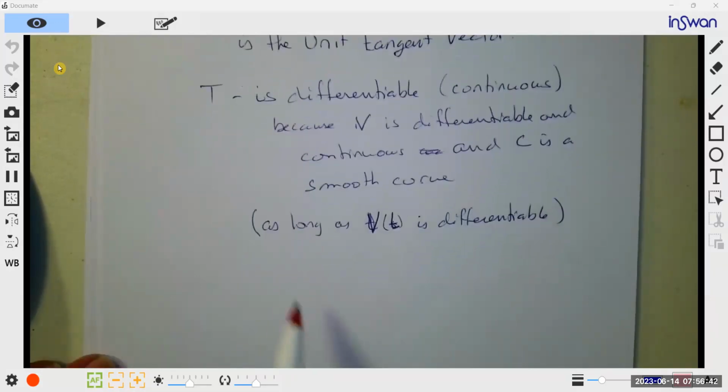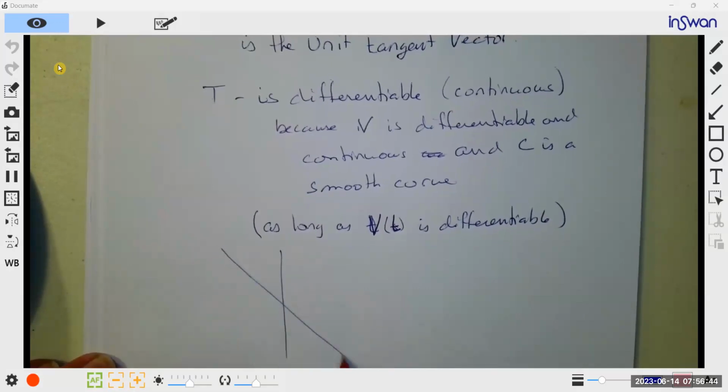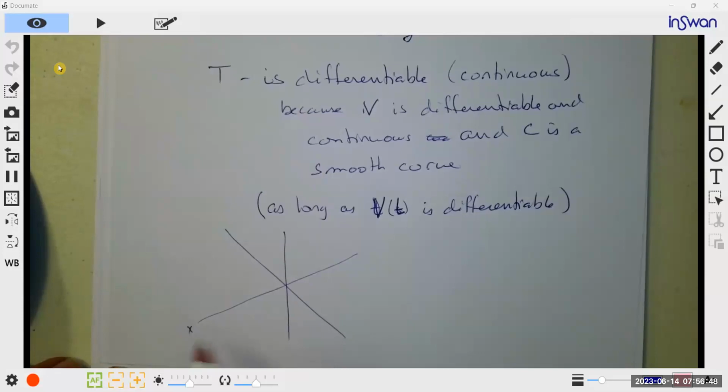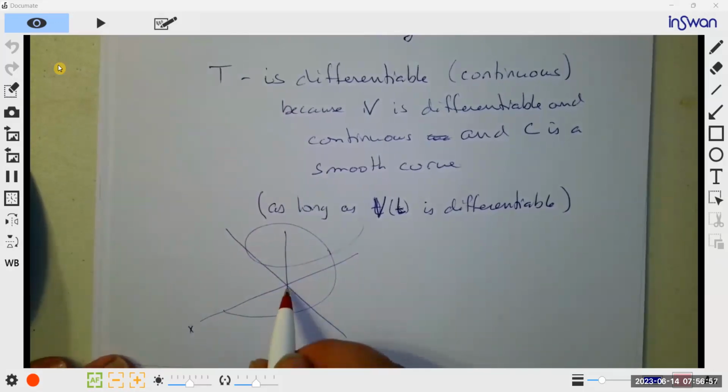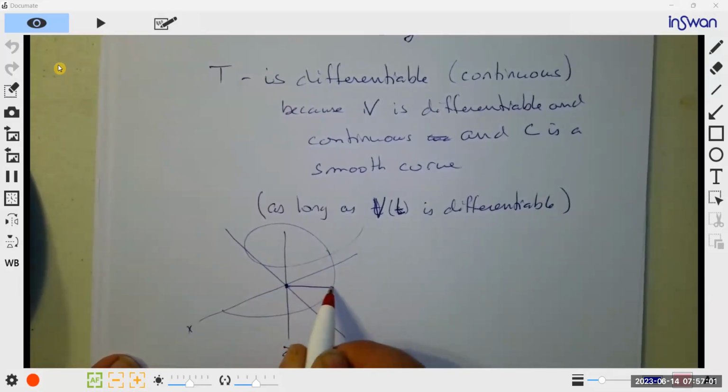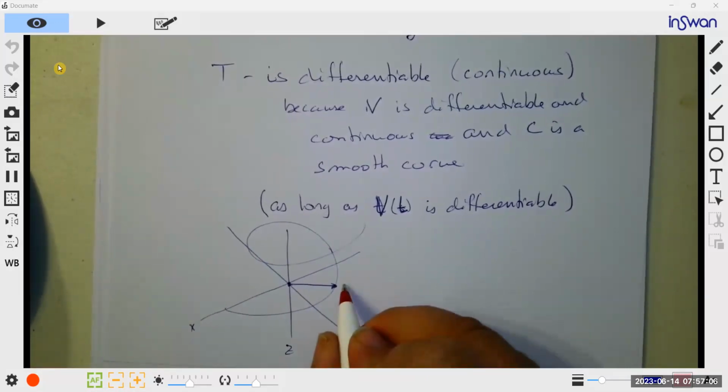So what does this mean in our graph? We have our X, our Y, our Z. Let's look back at our hang glider. So R starts at the origin and goes to a point.